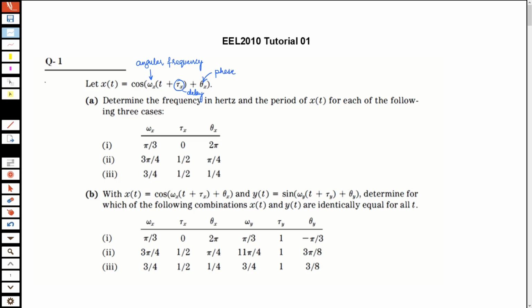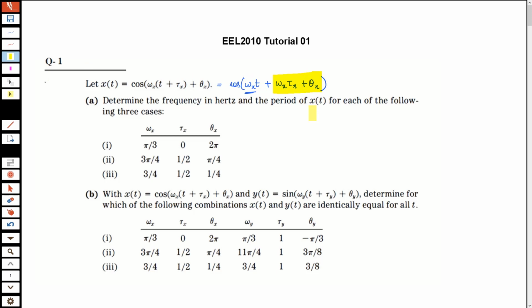Now, if we open up this bracket and rewrite this expression, we could say that this is equal to cos(omega_x t plus omega_x tau_x plus theta_x). Now, in terms of angular frequency and phase, we know that this whole argument needs to be an angle, right?